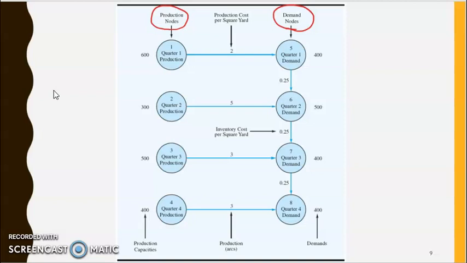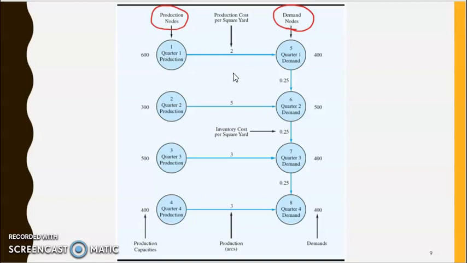So it is for the first time that we see a point, for example, a node 5 that is Q1 demand is both a demand point as well as transshipment point. About the demand points, it's quite obvious. You should be fine with that. But about the transshipment point, it is that way.